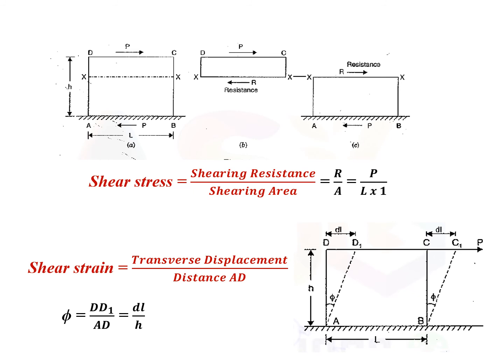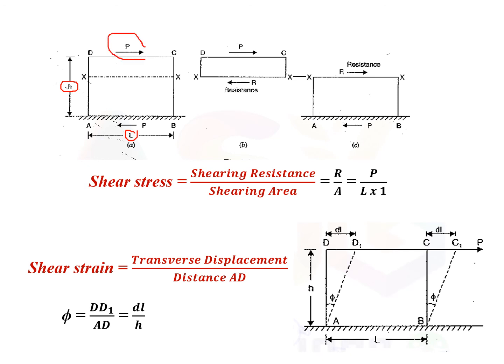To explain more about shear stress and shear strain, we can consider a rectangular box of length L and height h. Let the bottom of this box be fixed, and let the thickness perpendicular to this direction be unity. Here we are considering the shear forces, and the shear force is acting tangential to the surface.